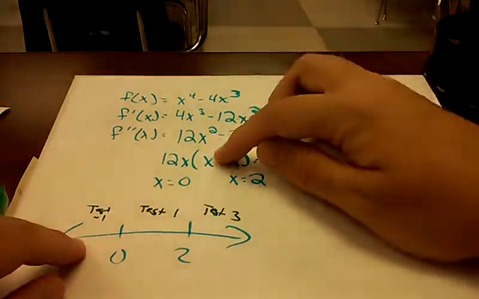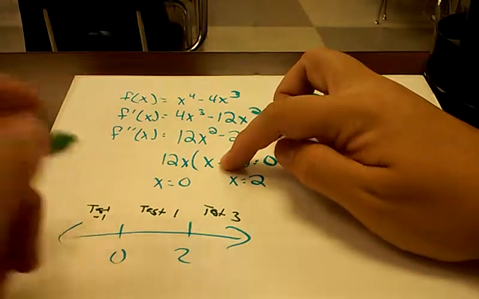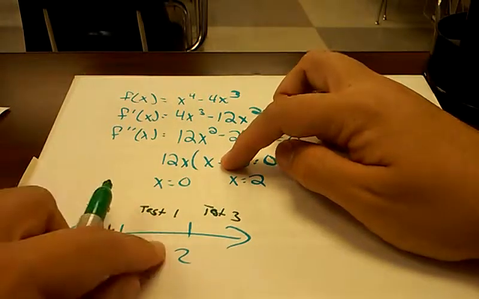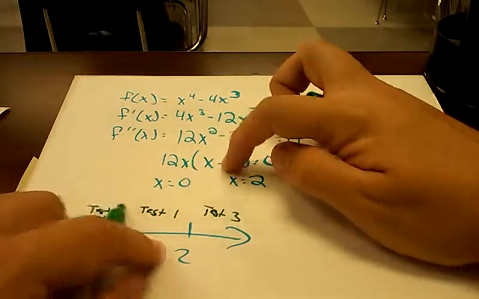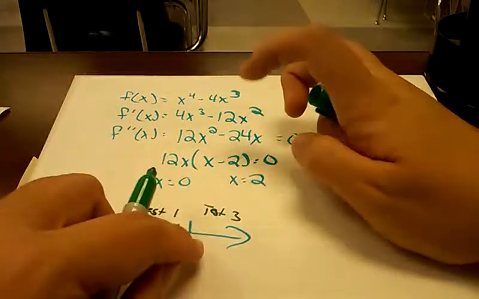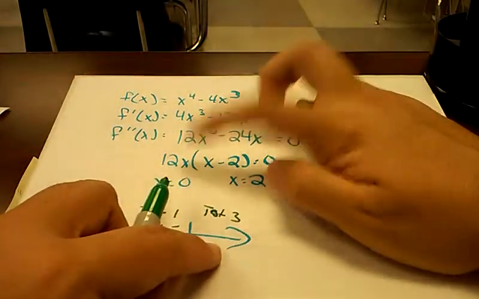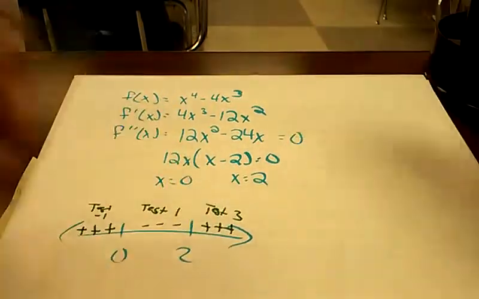So if I plug -1 into here, I'm going to get a negative and a negative, so that's going to be a positive. If I plug 1 into here, I'm going to get a positive and a negative, so that's going to be a negative. And then if I plug a positive 3 into here, it's going to be positive and positive, so I'm going to get a positive.